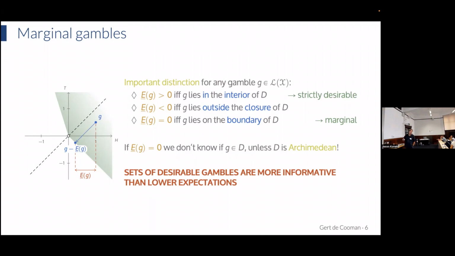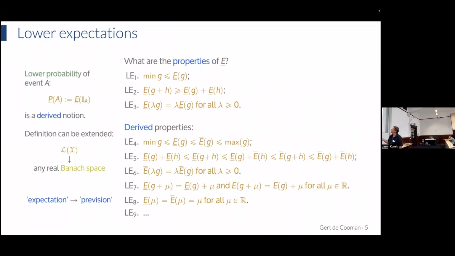What I could have done, or should have probably done, is call this a lower prevision rather than a lower expectation. But then your intuition would completely fail. And in this case, because we will see that it can be associated with probabilities, it's probably okay, because the underlying space is a space of gambles, and you can define events on that space. That is not necessarily always the case.